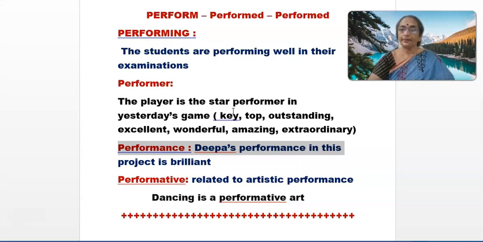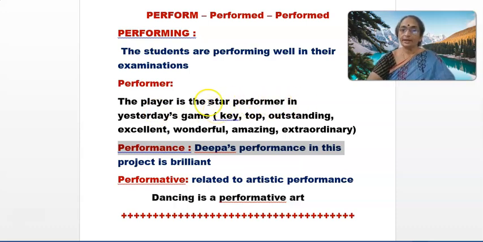He performed very well. So we are talking about the talent of that player, the skill of that player, and his presentation, how he presented or exhibited his talent. We are talking about that. The player is the star performer. We can also use: the player is the key performer in yesterday's game.